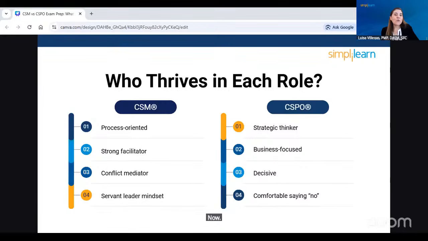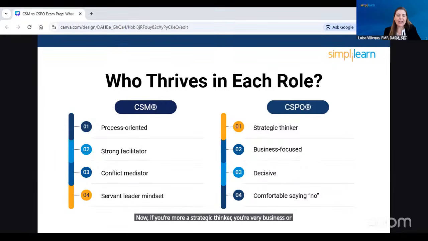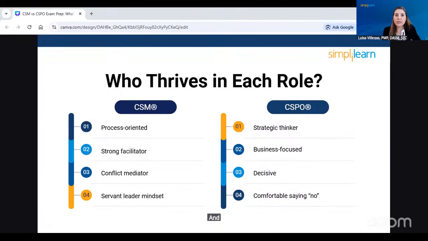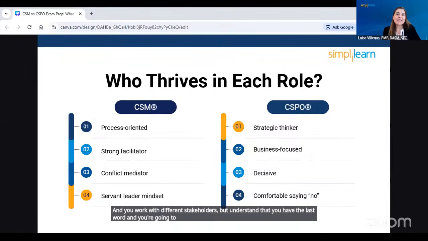Now, if you're more a strategic thinker, you're very business oriented, you like to think in terms of ROI, return on investment, you think about economic and financial terms, you're very decisive, you are very comfortable saying no, you're not afraid of making decisions, and you work with different stakeholders but understand that you have the last word and you're going to make decisions, then a product owner role may be more fitting for you.